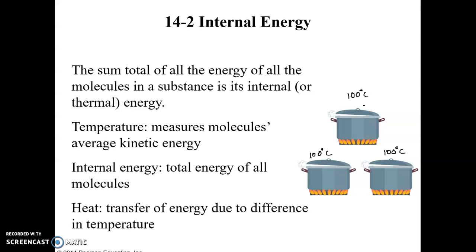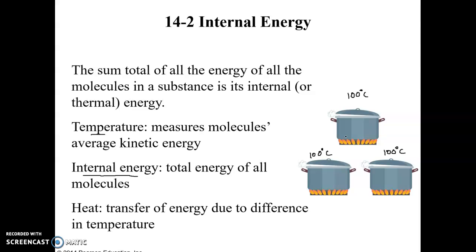But if I look at the internal energy, it does matter how much I have, because if I have 3 pots of boiling water, I have 3 times as many molecules. So I have 3 times the amount of energy. So the difference here is the total amount of internal energy is affected by how much stuff you have, whereas the temperature does not.